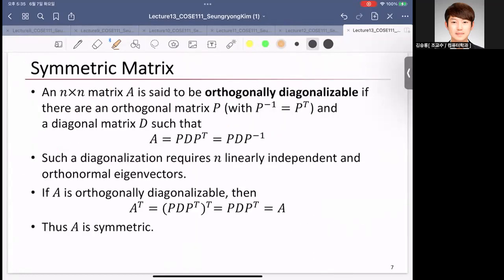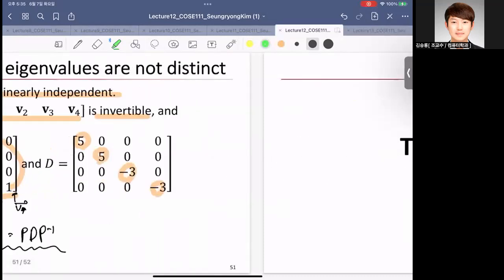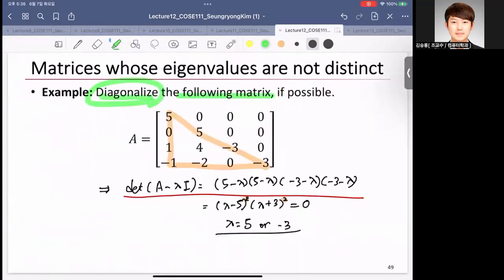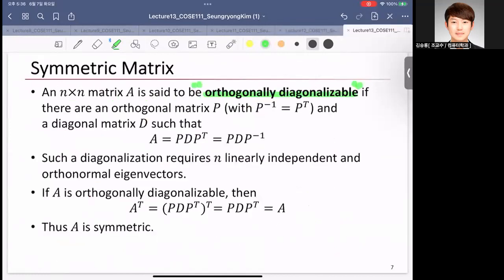Why do we have to know that? To derive the orthogonally diagonalizable concept. In chapter 5.3, we just talked about diagonalization, right? But in chapter 7.1, we will talk about orthogonally diagonalizable.